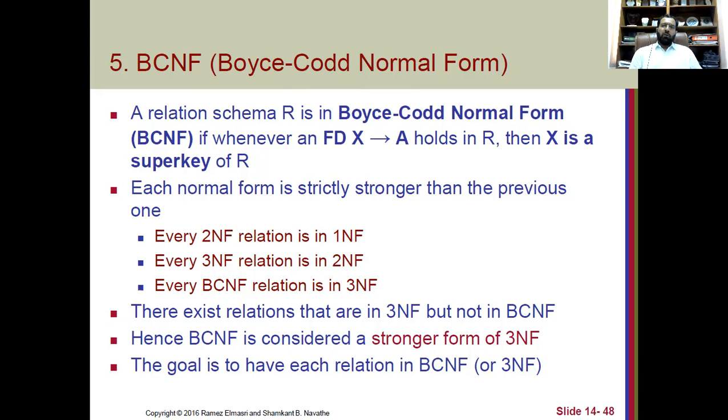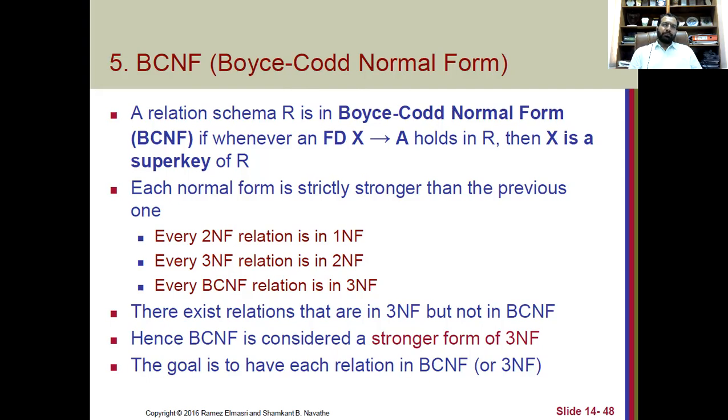Each normal form is strictly stronger than the previous one. Second NF is stronger than first NF. Third NF is even stronger than second NF. And similarly, BCNF has more constraints, or an added condition, so it is stronger than third NF. So all relations which are in third NF are not necessarily in BCNF.